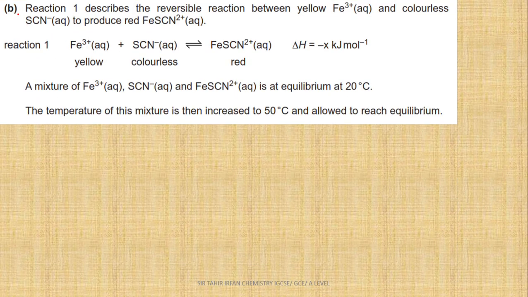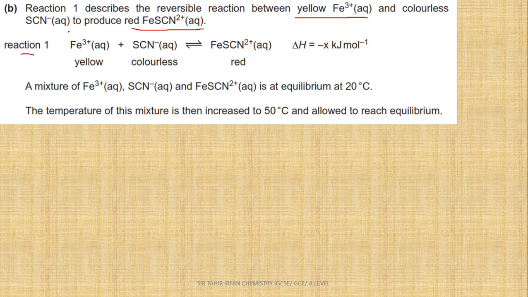Now, the second part of this question says reaction 1. This is reaction 1. As we can see, describe the reversible reaction between yellow iron 3 ions and colorless SCN anions to produce the red colored FeSCN 2+, a complex ion in which there is an iron atom, sulfur, carbon and nitrogen, and it has a +2 charge.